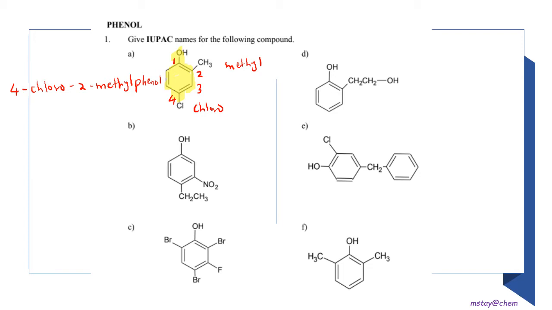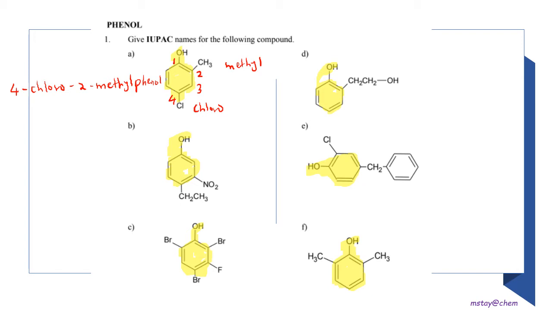So we highlight all the phenol structures first. So this is the phenol. This one also the phenol. This is the phenol also. And this is the phenol for structure E. This will be the part of the structure of the phenol for structure F. Then now we will focus on the substituents.